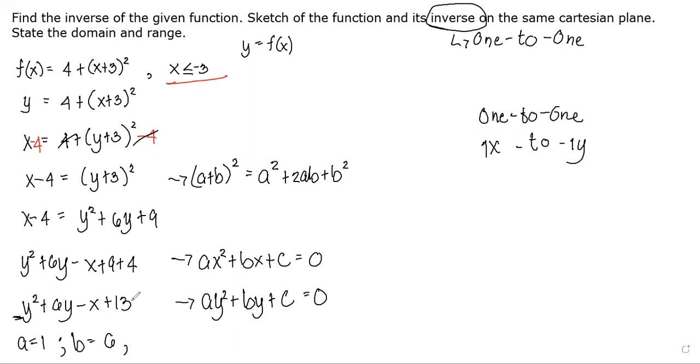And ang c natin ay yung constant, ibig sabihin yung nasa last term, yung hindi a tsaka b, automatic c na yun. So that is, unahin natin sa 13. 13 minus x, c yan. Okay, so ayun yung gagawin natin kapag nag-arrive tayo sa quadratic equation or quadratic form. So apply natin quadratic formula to solve.